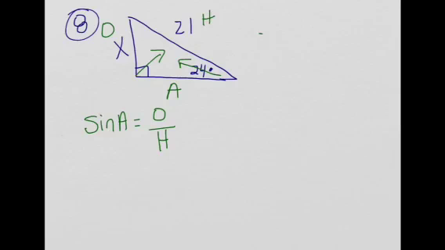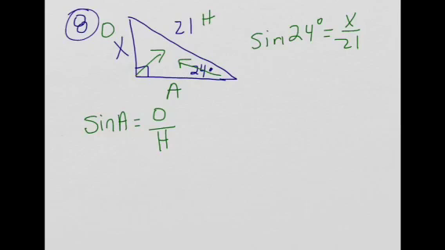So we're going to do sine of 24 degrees. Let's rewrite that. Sine of 24 degrees is equal to the opposite, which is x, over the hypotenuse, which is 21.